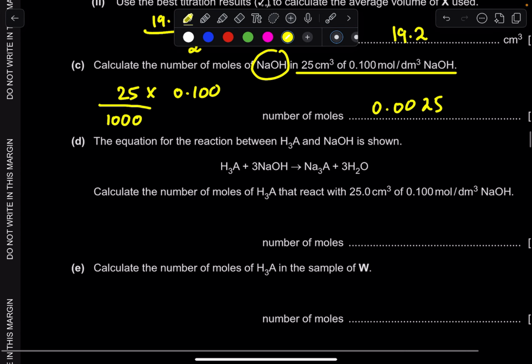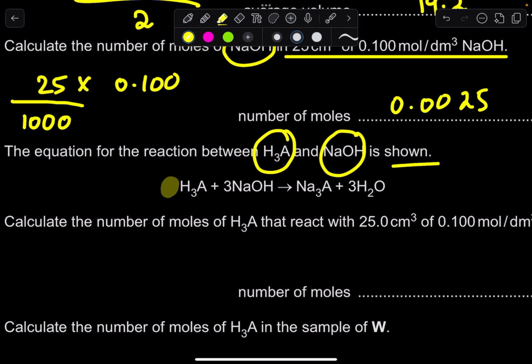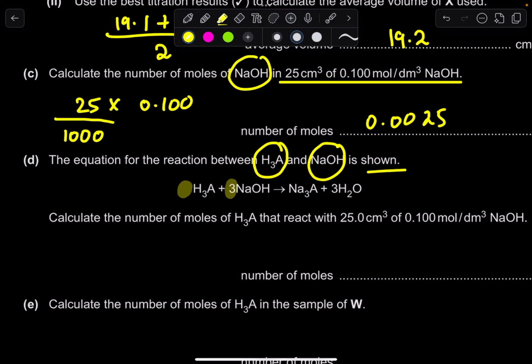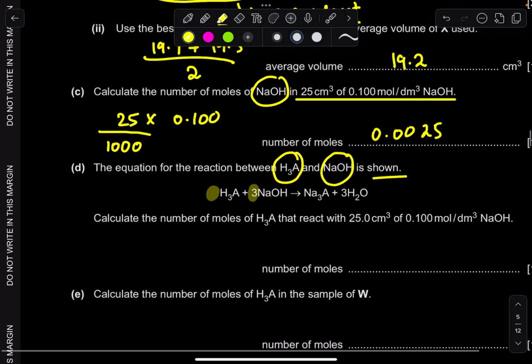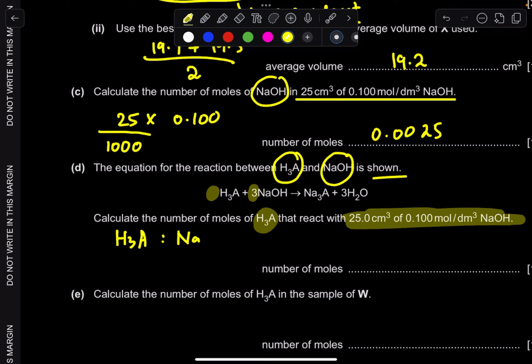The equation for the reaction between this and this is shown. So what does the equation tell me? It tells me that 1 mole of H3A is going to react with 3 moles of NaOH. So calculate the number of moles of H3A that react with these moles of NaOH. My ratio of H3A to NaOH is 1:3.